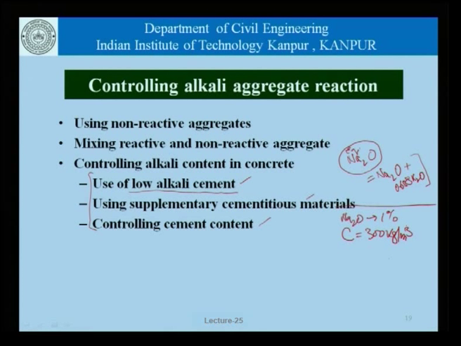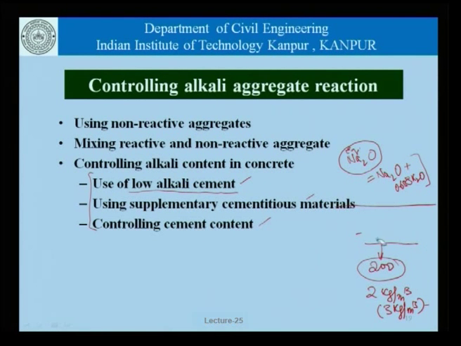If I am using supplementary cementitious materials which allow me to reduce this cement content to say 200 kgs, then even if my equivalent sodium oxide content remains at 1%, my total alkali content in the concrete would only be 2 kgs per cubic meter instead of the 3 kg per cubic meter that I had if I was using 300 kgs per cubic meter of cement.